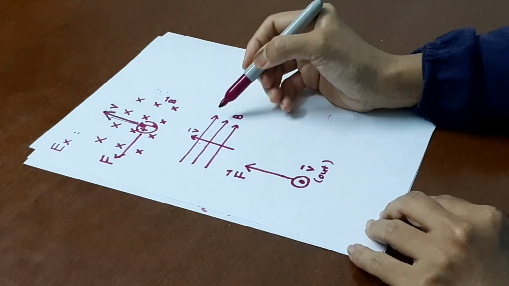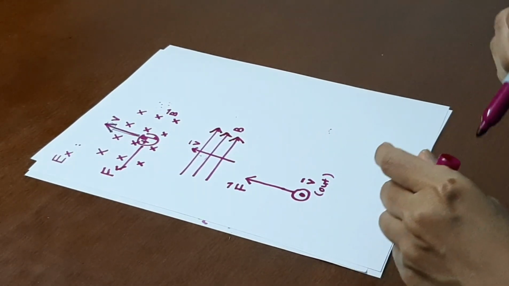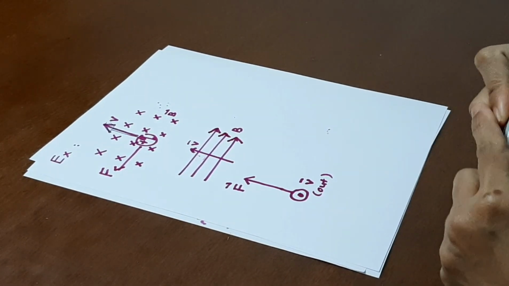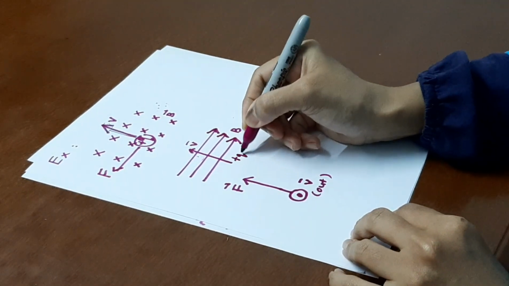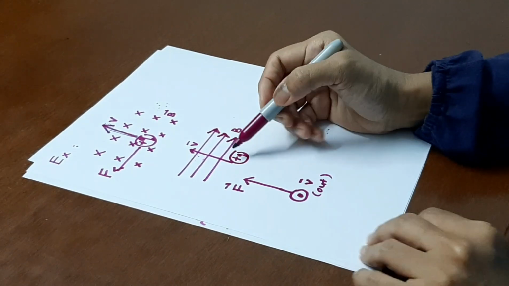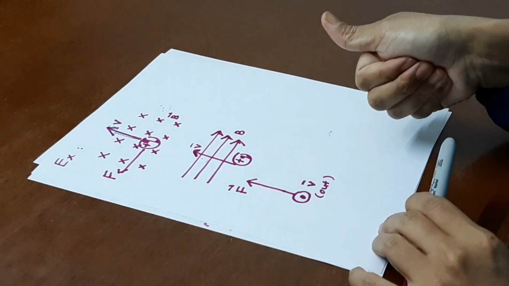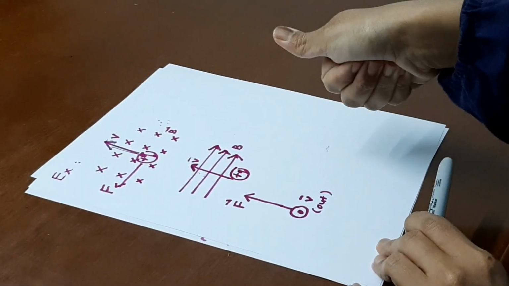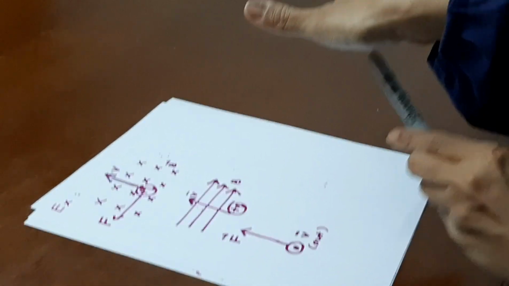Example: here the direction of magnetic field is along positive x, and let's say this is a proton traveling northward. Your four fingers must be directed to the right. Where is your palm directed to?